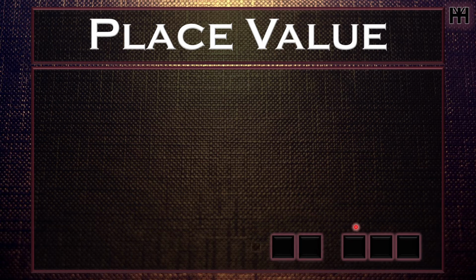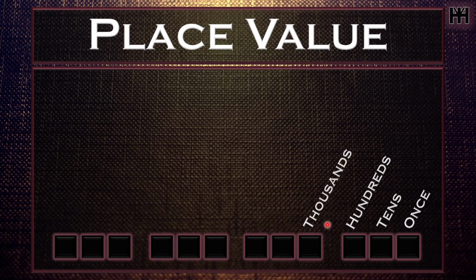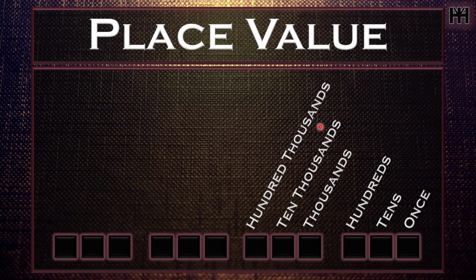Let's say that all of those are digits of a number. So this digit, the first digit, represents the ones. Then after it we will have the tens, then the hundreds, then the thousands, then 10,000s, and 100,000s.